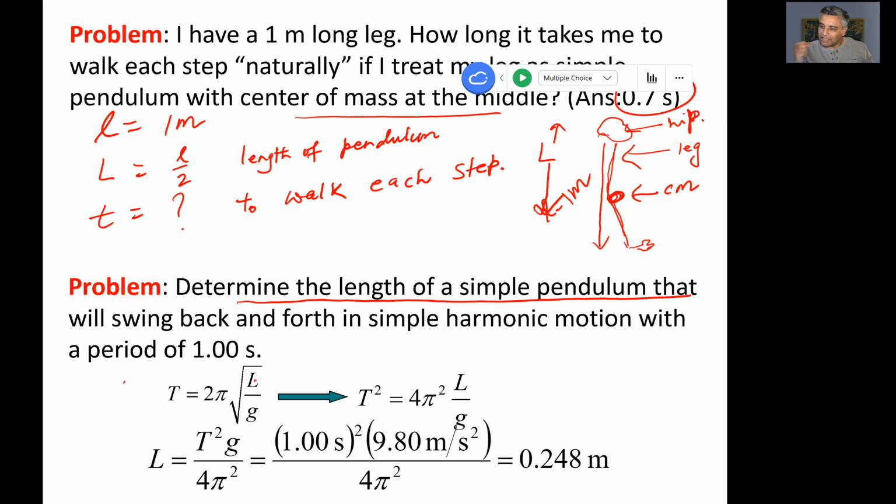That's the cool thing about physics. You don't need to do experiment. You can just do theory, math, and can tell what's going to happen. And it happens. Okay? Now you can make your own pendulum clock.